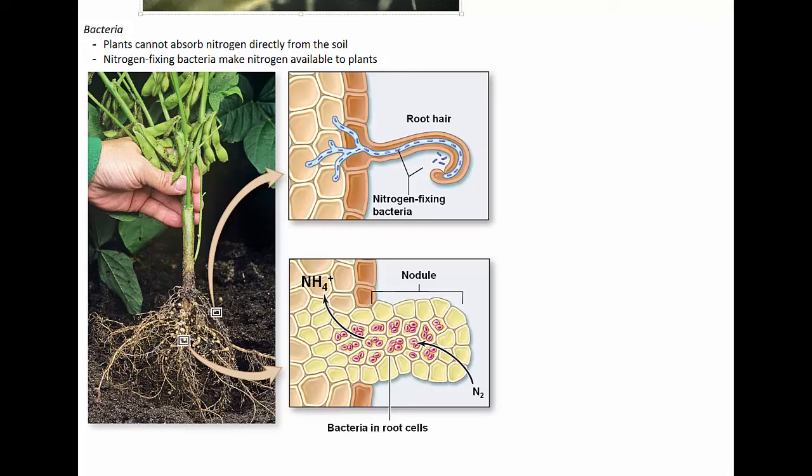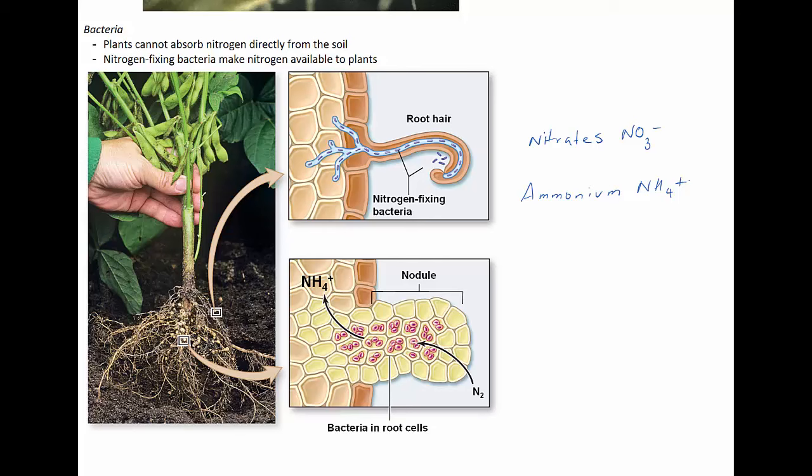Instead, roots must take up nitrogen from the soil in the form of nitrates, which are represented as NO3 minus, or ammonium, which is NH4 plus.